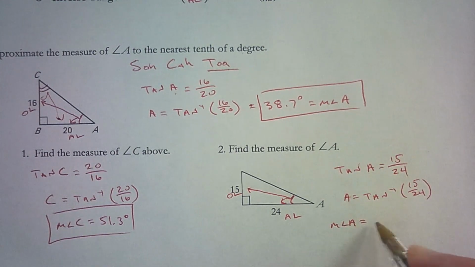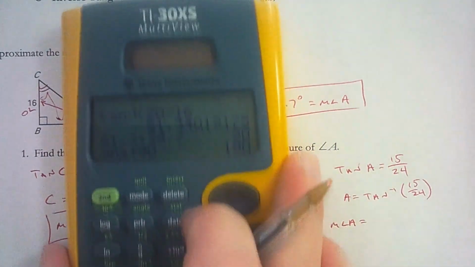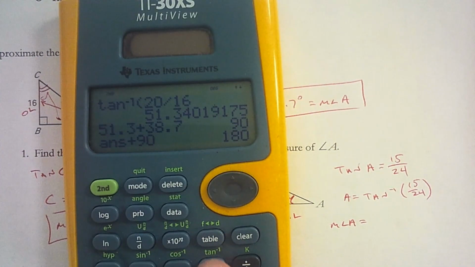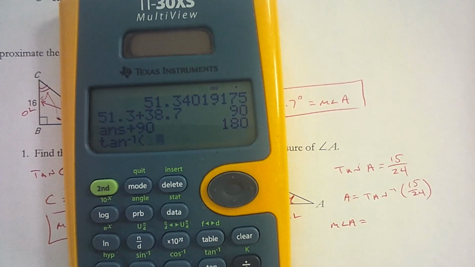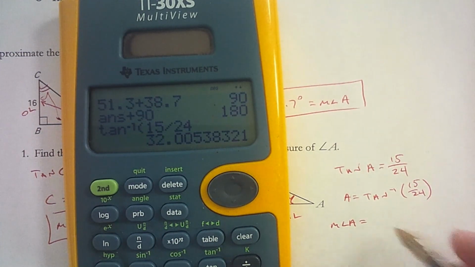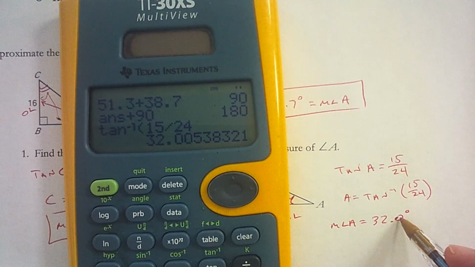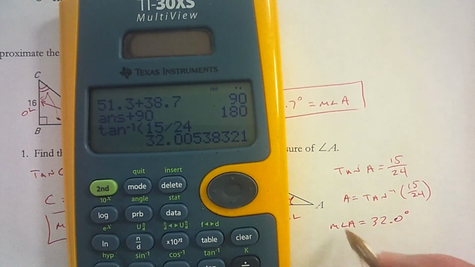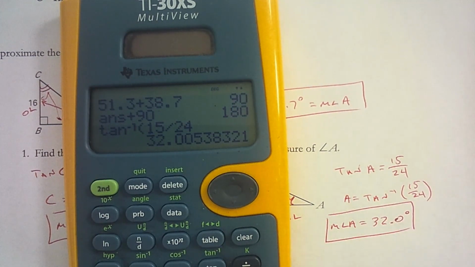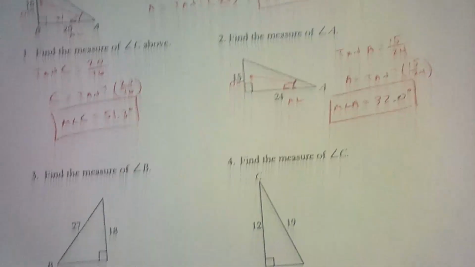So the measure of angle A equals second tangent, 15 over 24, 32.0 degrees. And I'm writing 0.0 to indicate that it's not exactly 32 degrees. 0.0 kind of looks meaningless, but it's not. It tells us it's not exactly 32 degrees.